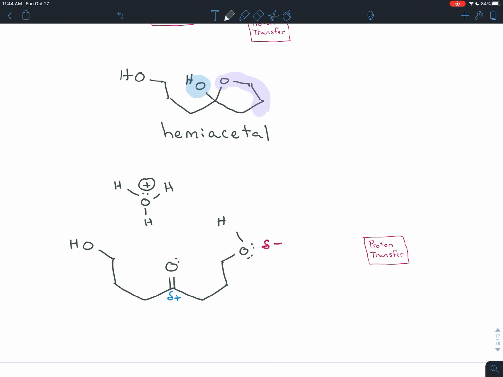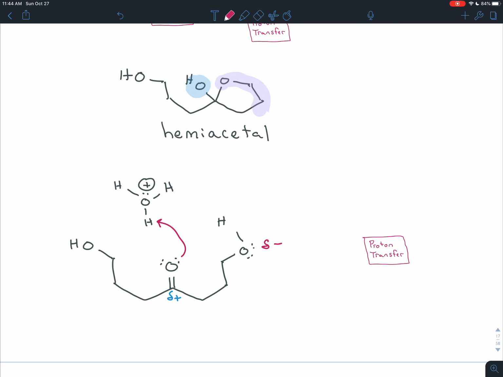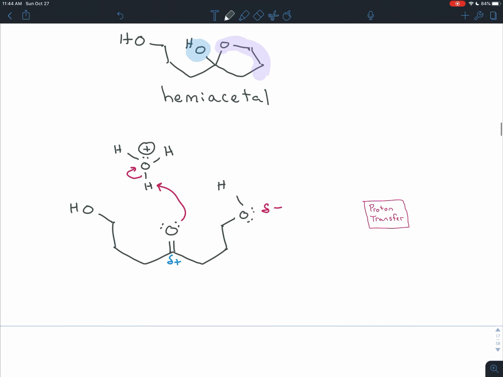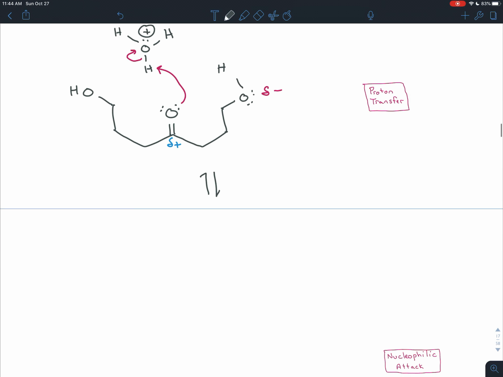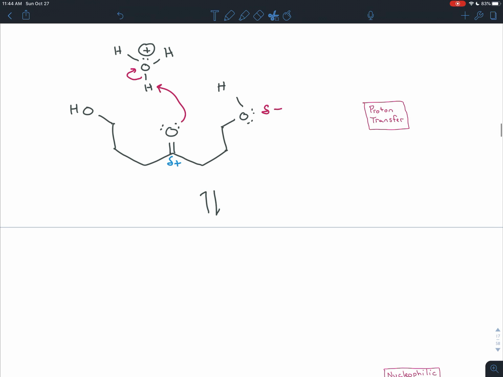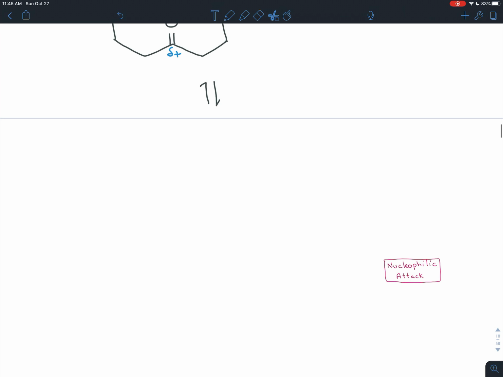So the slightly negative oxygen in the carbonyl, in the ketone, can attack the slightly positive hydrogen and kick its electrons onto the oxygen to help stabilize that positive charge. So that's our proton transfer. Once we've done that, this oxygen will be bonded to another hydrogen.